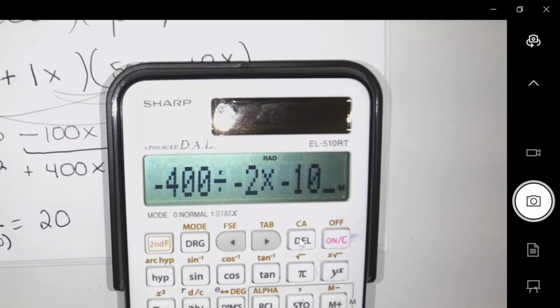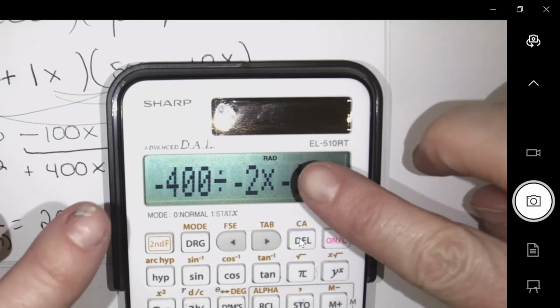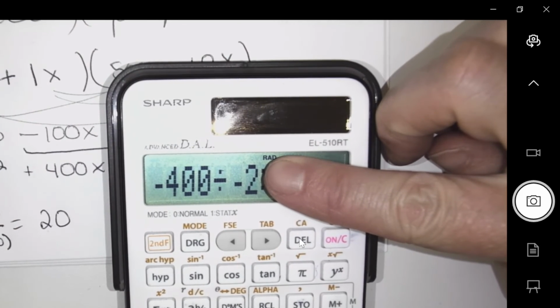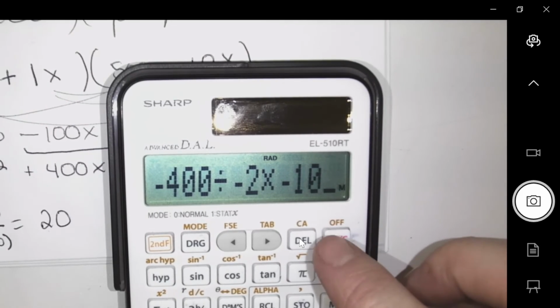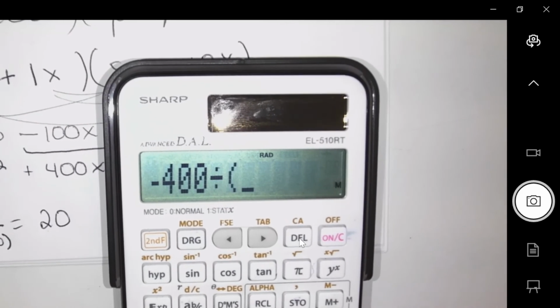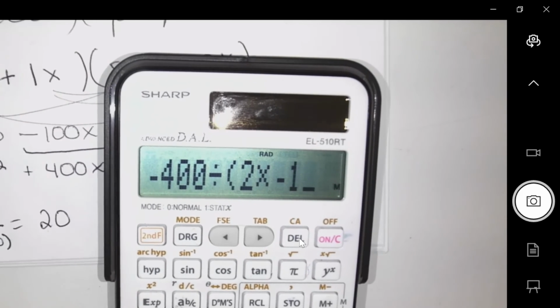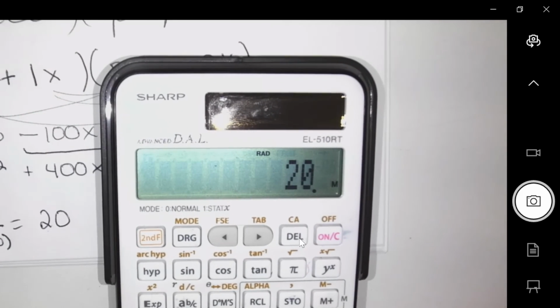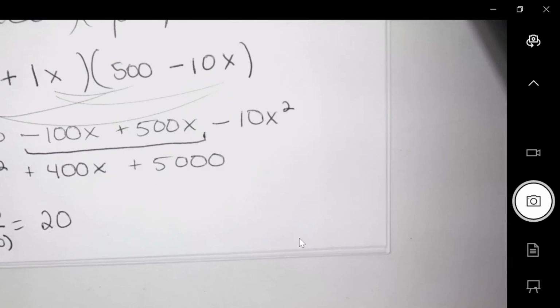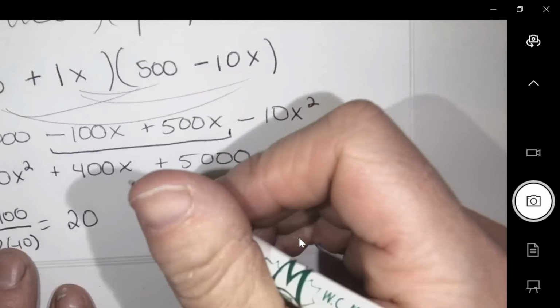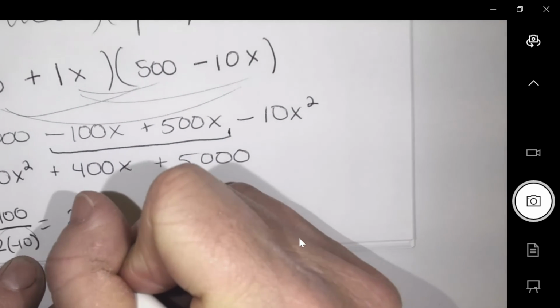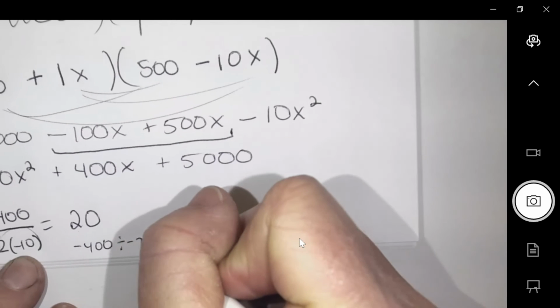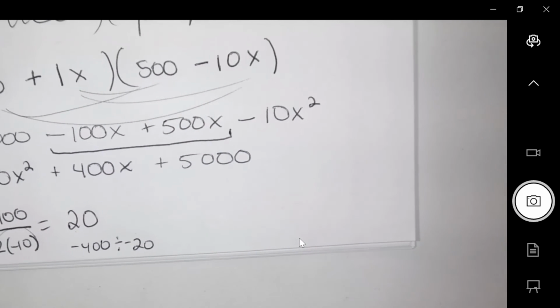What your calculator is doing is dividing that and then timesing it. So I would have to add brackets if that's what I was doing. If you're doing it that way, I actually usually just tell myself what is the bottom number, and then I'm like, well, negative 400 divided by negative 20. Then I don't have to worry about brackets at all.